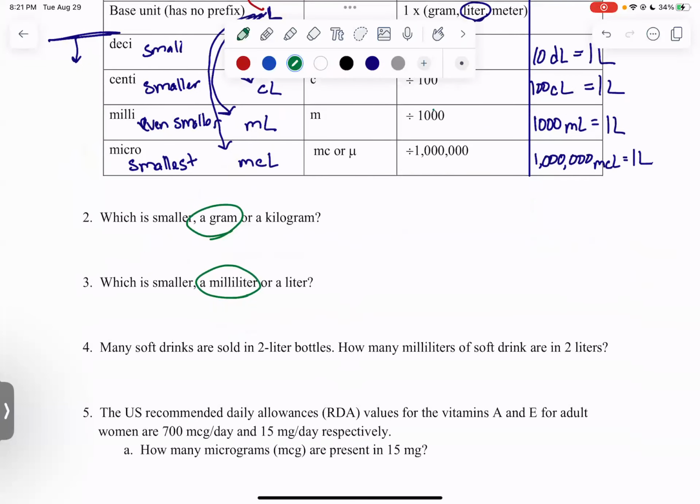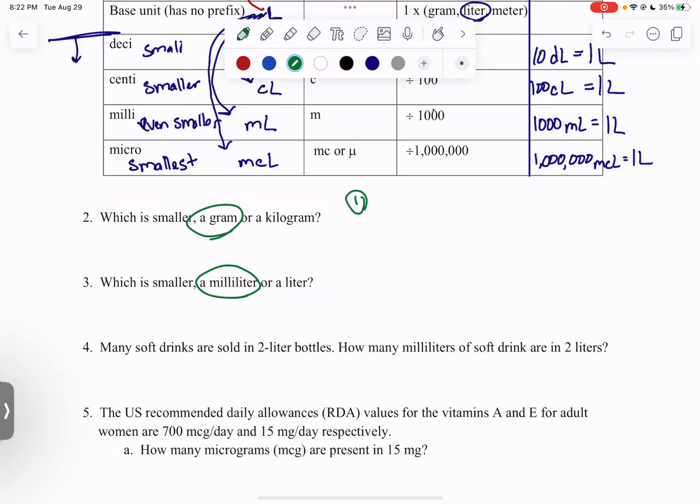Now we have to start using these equivalent relationships. So we have soft drinks that are sold in 2-liter bottles. How many milliliters of a soft drink are in 2 liters? You should look at that and go, yes, that's a dimensional analysis or a unit conversion problem. So there's a little pathway that I want you to take when you solve these kinds of problems. It's a 3-step method.